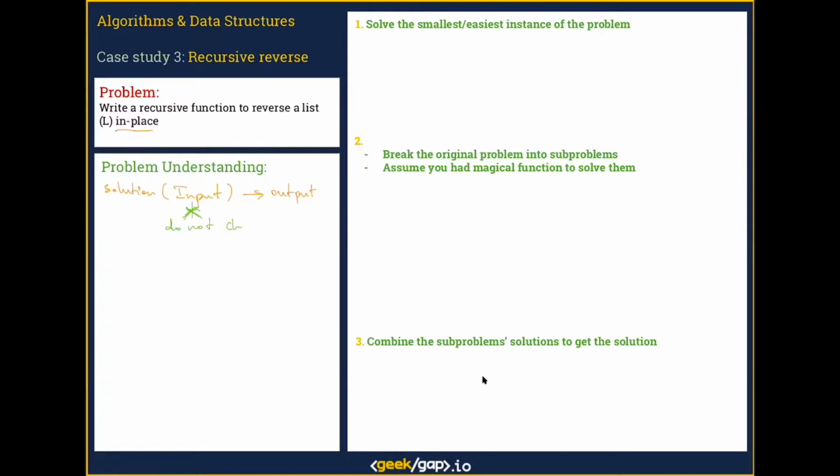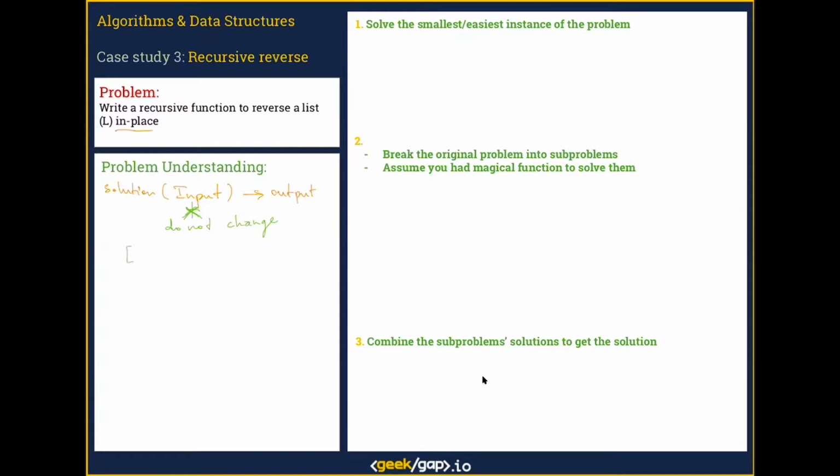Oh, sorry. If you're not allowed to do the thing in place, because here we're actually allowed to do it in place, but if your solution doesn't allow you to do the changes in place, what it means is that you cannot change the input parameters. An example for this may be you may want to sort the list.